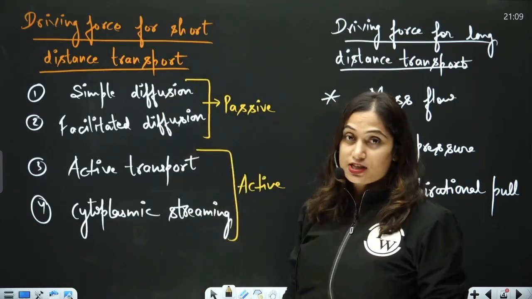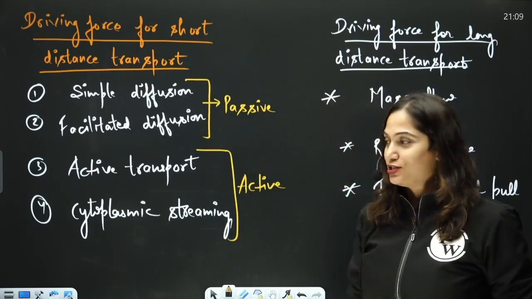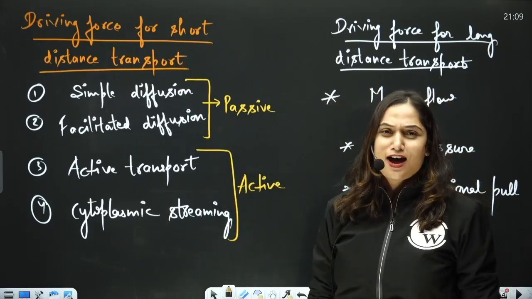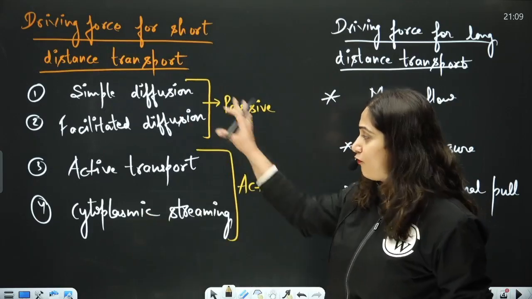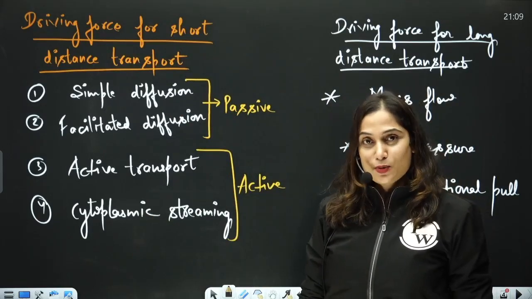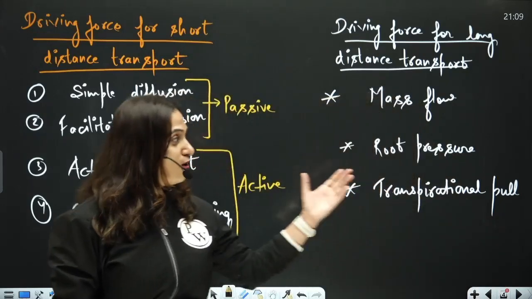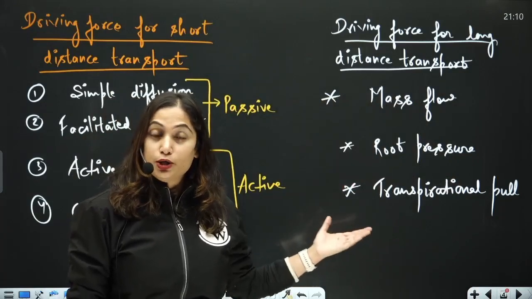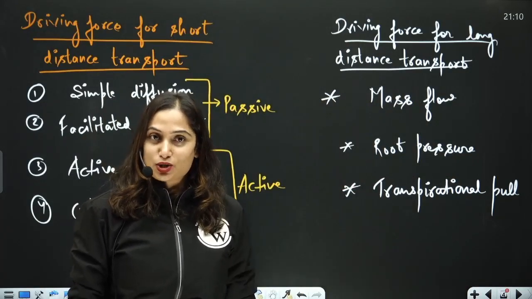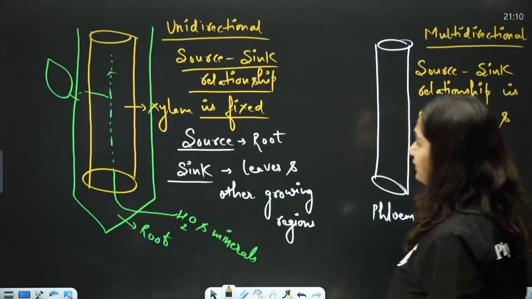These two forces are the passive forces, no expenditure of energy, and these two forces are active forces, that means expenditure of energy. These four forces together are responsible for short distance transport in plants, while for long distance transport, the forces are mass flow, root pressure, and transpirational pull. Clear? Let's move on to further things.